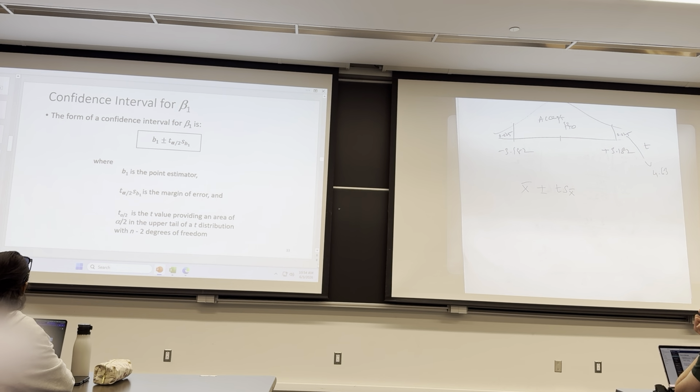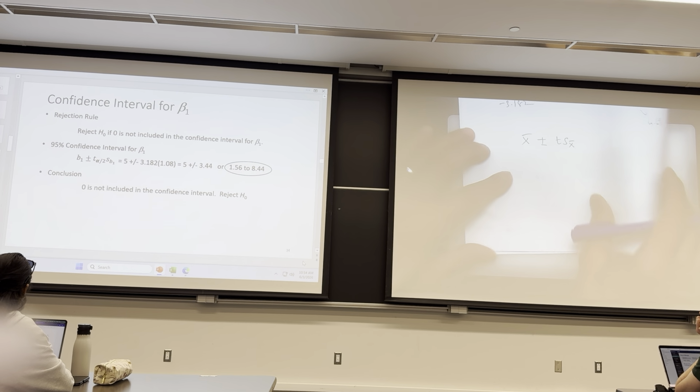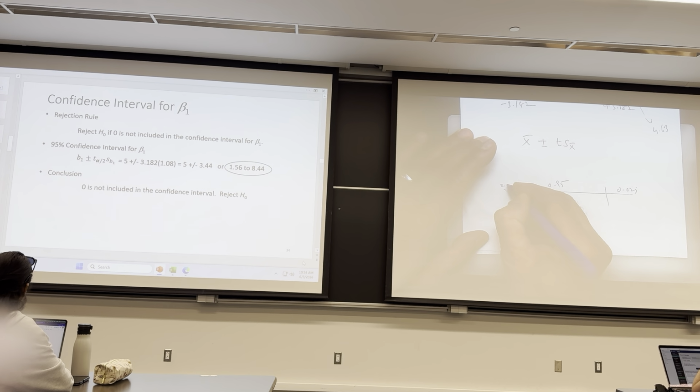Now, if you are looking for a 95% confidence level, 5% is outside, so 0.025 is here and 0.025 is over here.